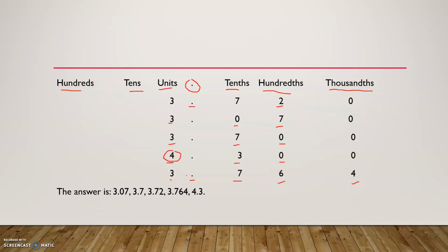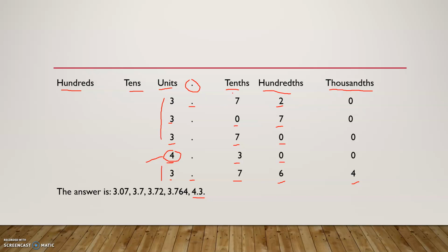So 4 would be our largest number, which is going to go last. So we put the 4.3. So we took care of this one. Now the rest of them under units are the same value, so we can't compare anything under units.